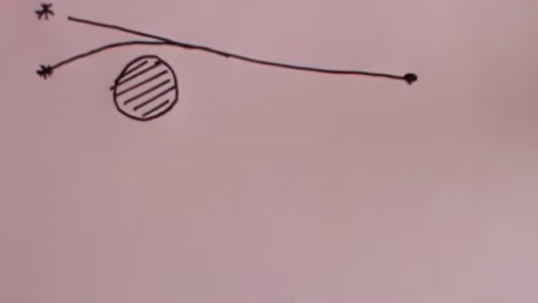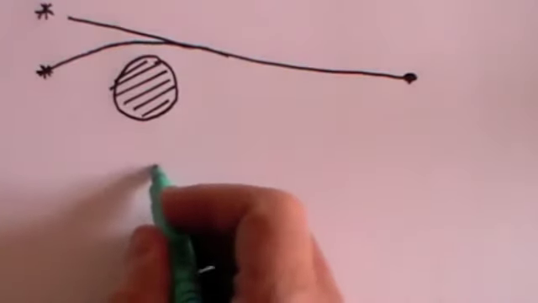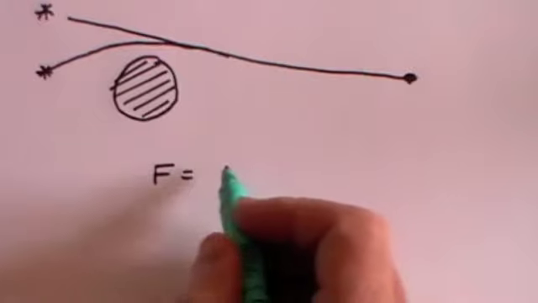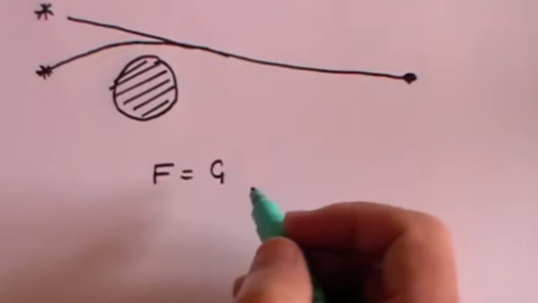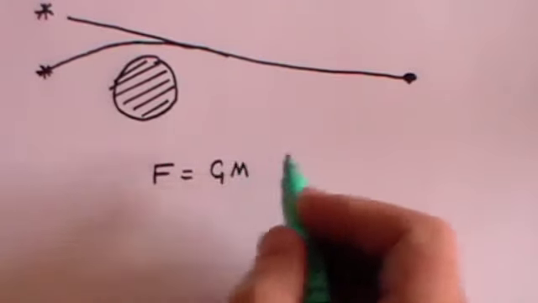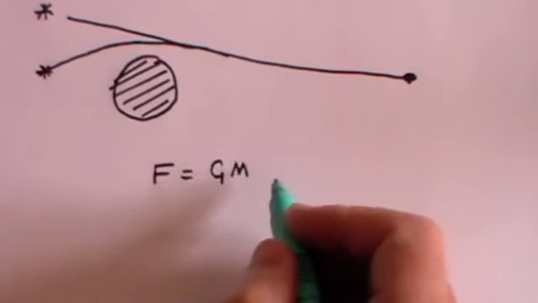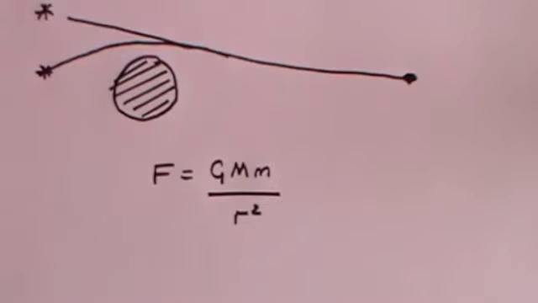Newton's law of gravitation, which everybody had thought had served us well for so long, says that the gravitational force is equal to the gravitational constant times the mass of one body multiplied by the mass of another body divided by the distance between them, r squared, or divided by the distance squared.